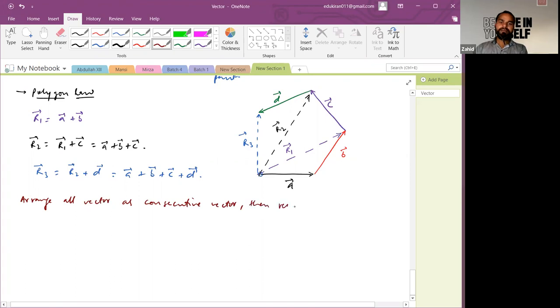Then resultant will join from the tail of first to the head of final.